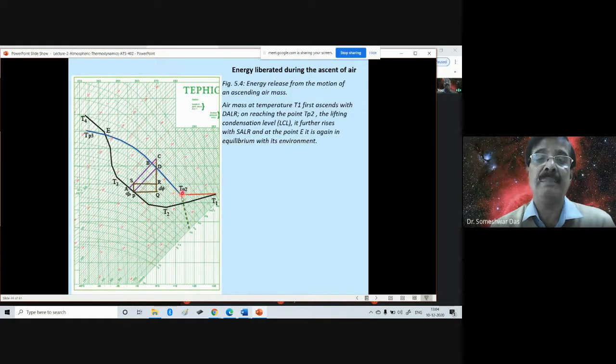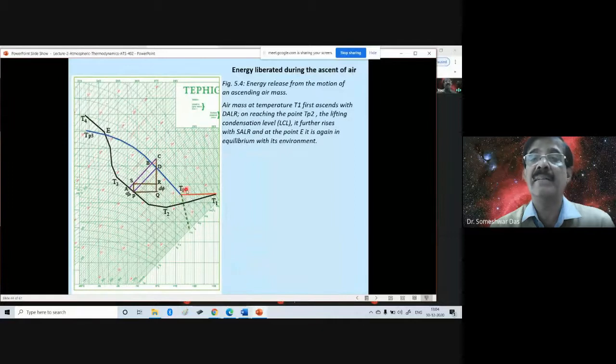And as it comes here, from there onward, because this is supposed to be the lifting condensation level, condensation is there. So the lifting condensation level is here in this case. It further rises with a saturated adiabatic lapse rate. And as you can see, from here onwards, after TP2, this line is following these curved lines.